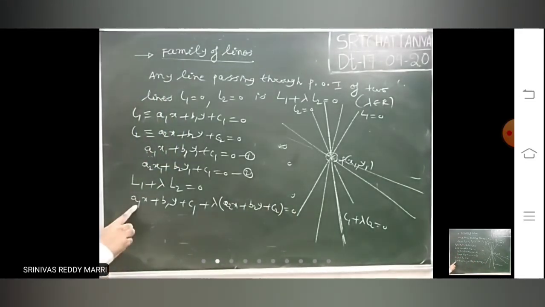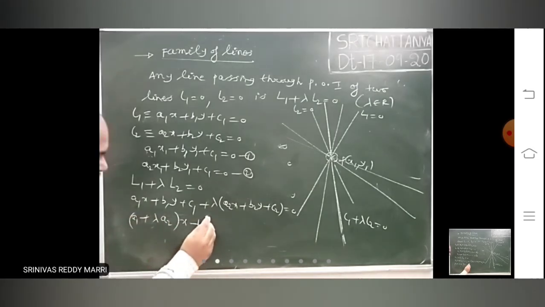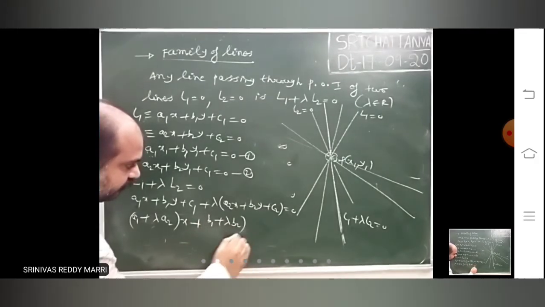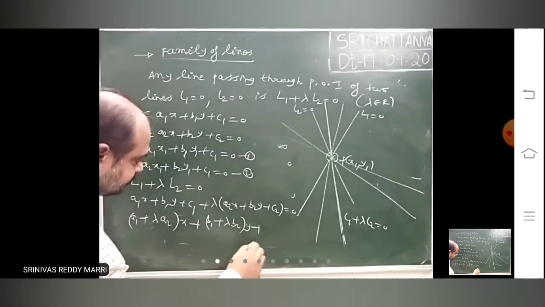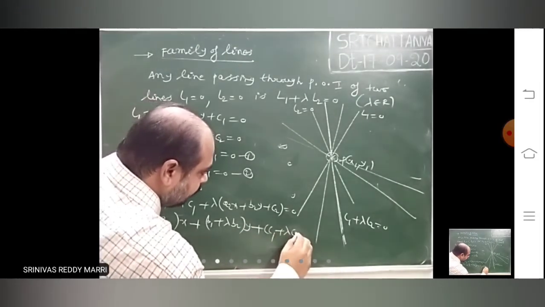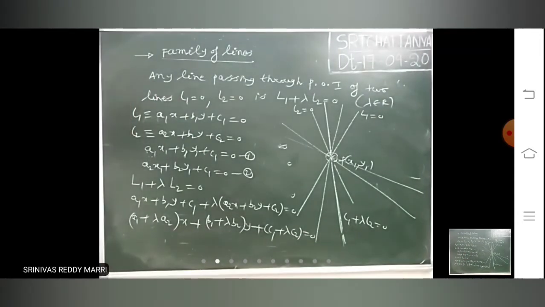It is (a1 plus lambda a2)x plus (b1 plus lambda b2)y plus (c1 plus lambda c2) equal to 0.